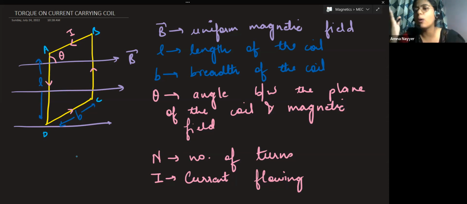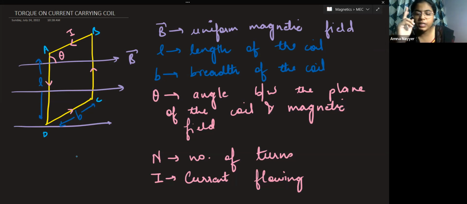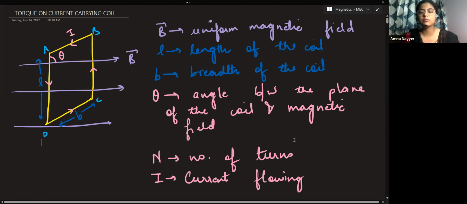Net force will be obviously equal to whatever forces are of each segment: BA plus AD plus CD plus CB, all these four segments. Now, remember, we had seen a formula which related current, length of the coil, and magnetic field. That was F is equal to I L cross B. That formula we are going to use first.